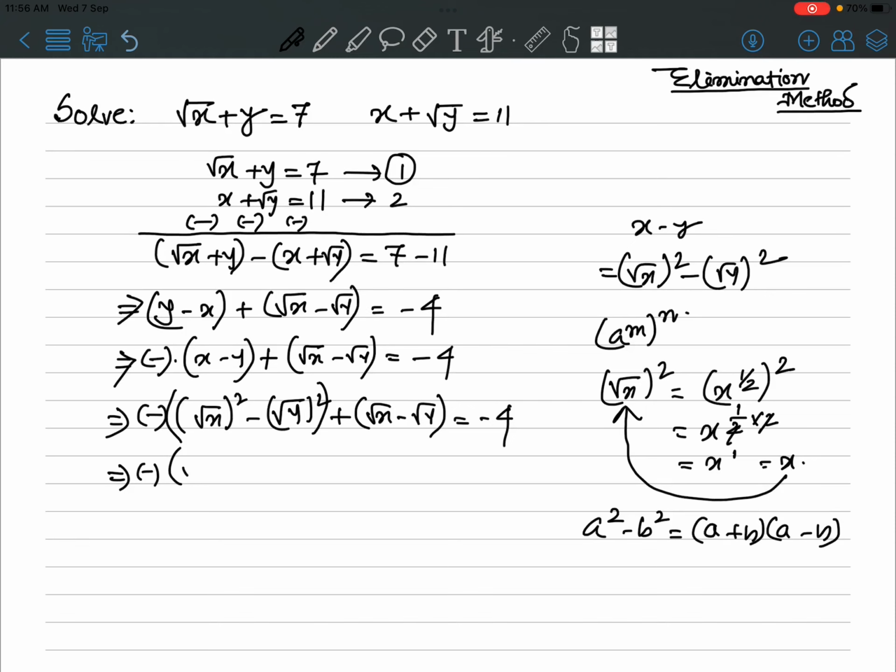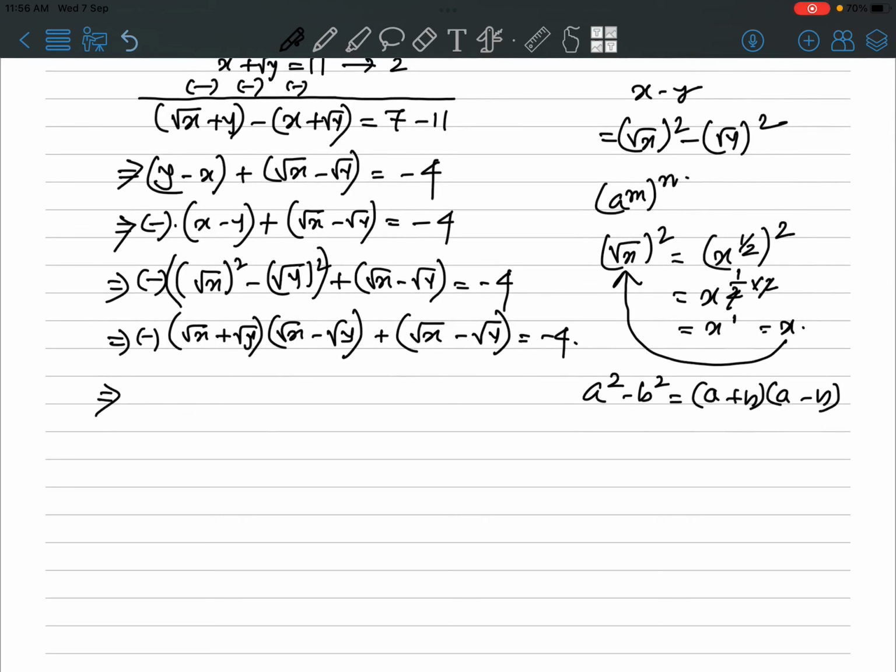Now we can write it as root over x plus root over y into root over x minus root over y, plus root over x minus root over y equals minus 4. Now we see that we can factor out root over x minus root over y. Factoring out root over x minus root over y, we write the rest as 1 minus root over x minus root over y equals minus 4.